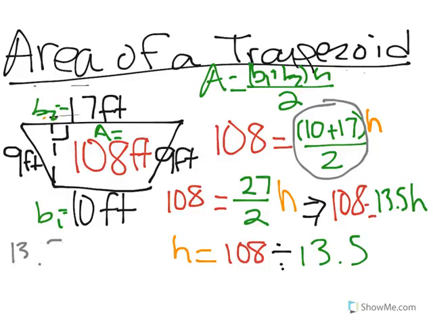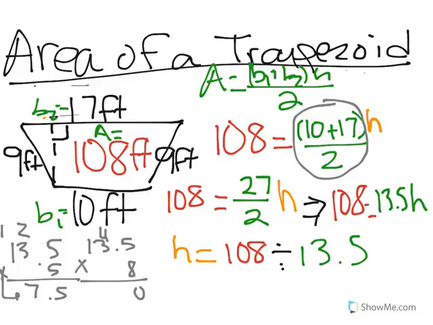And I know 13 and 5/10 times 5 is 67 and 5/10. 13 and 5/10, let's do 8 times. That's 108. Oh, well, there's our answer. So our height is going to equal 8 feet.